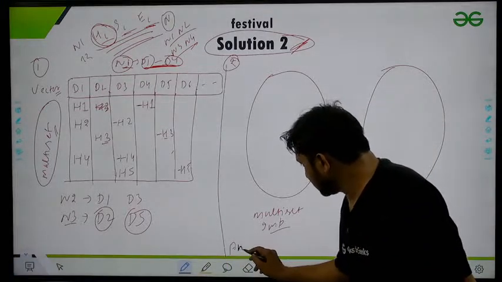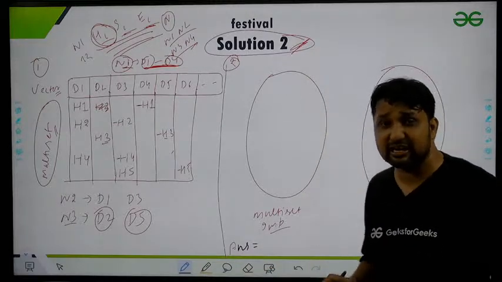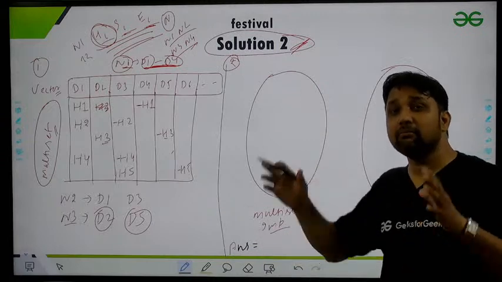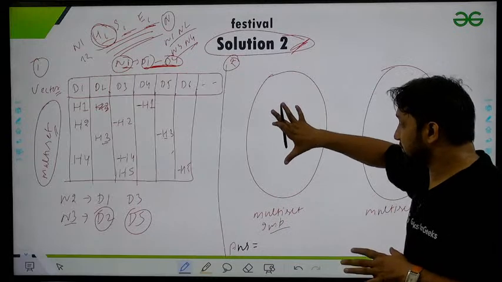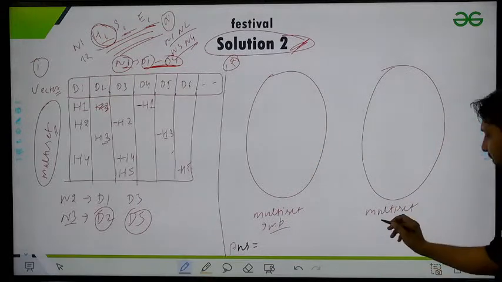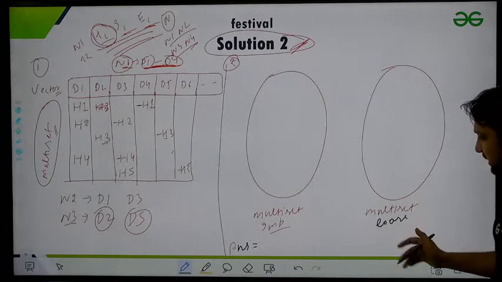So this set will give us the answer. The answer, meaning the maximum happiness, I will get from this multiset, and this other multiset is named lose multiset.